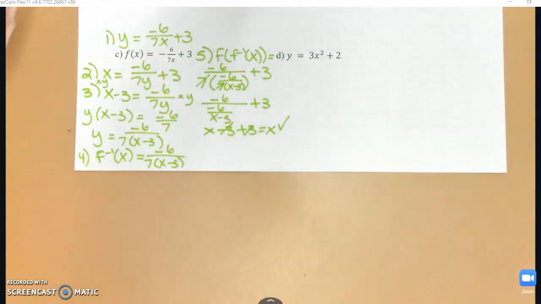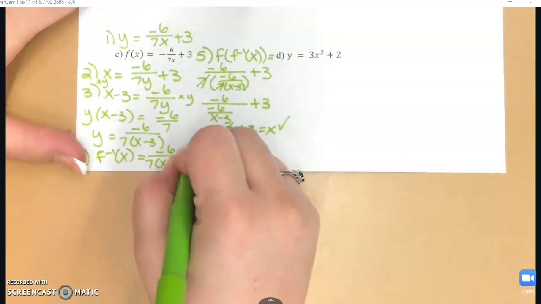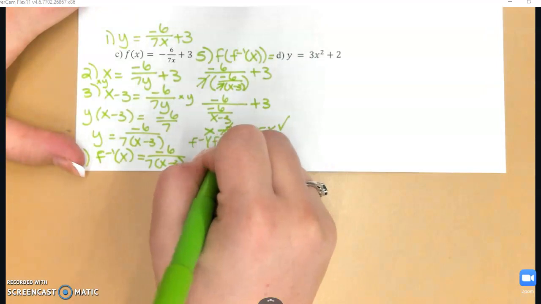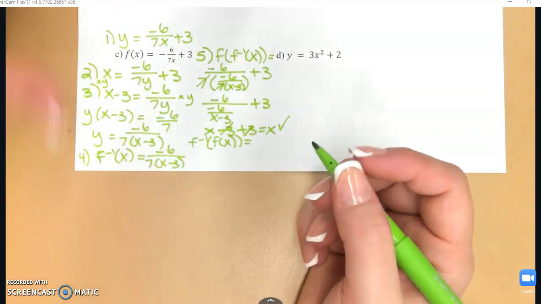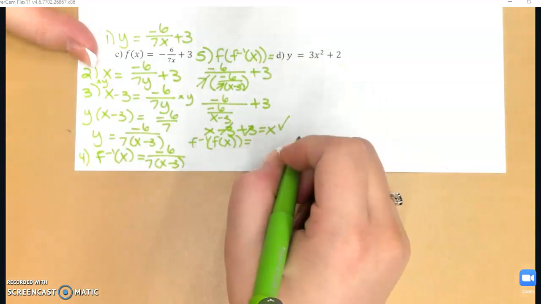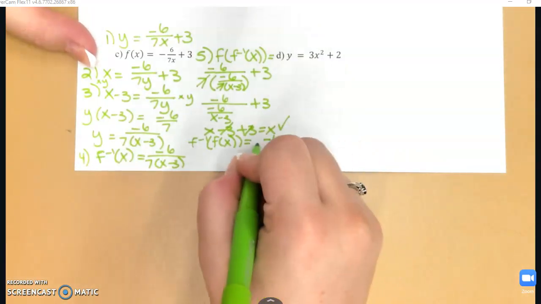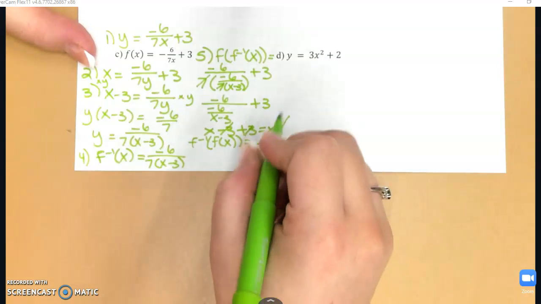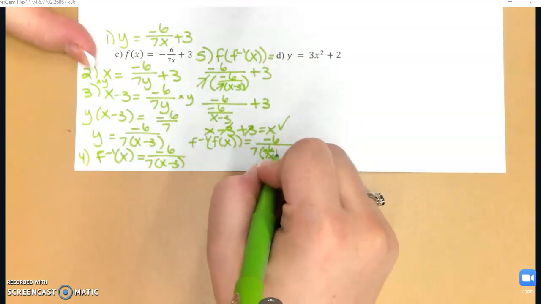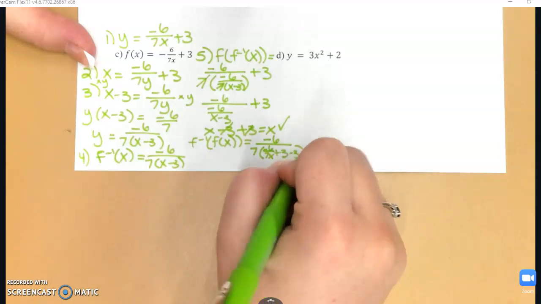Now let's do it the other way, plugging my initial function into my inverse, and that's going to be going in the bottom here. So negative 6 over 7 times negative 6 over 7x plus 3 minus 3.